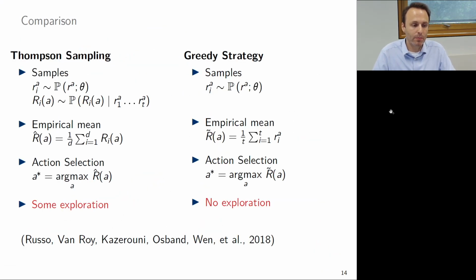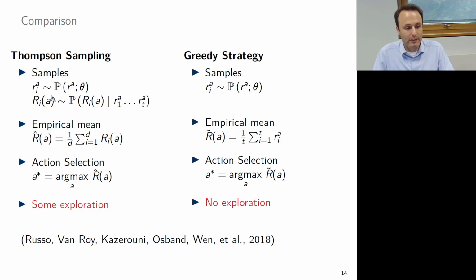Now, if you compare Thompson sampling to the greedy strategy, you can see that the greedy strategy just takes the observed rewards in each time step and samples from this. And Thompson sampling does this as well, but also samples from the posterior distribution of the average rewards, given the data that we have seen already.